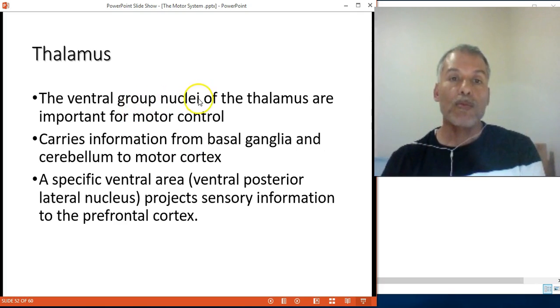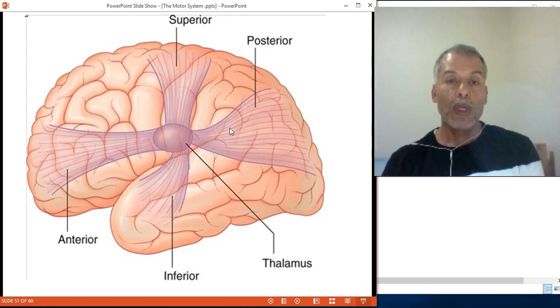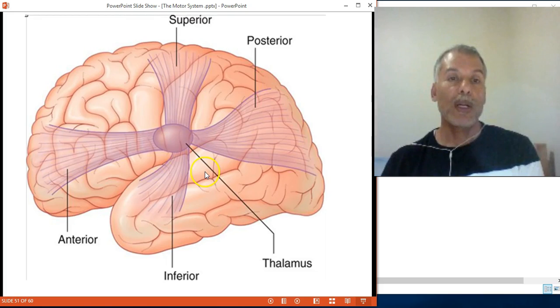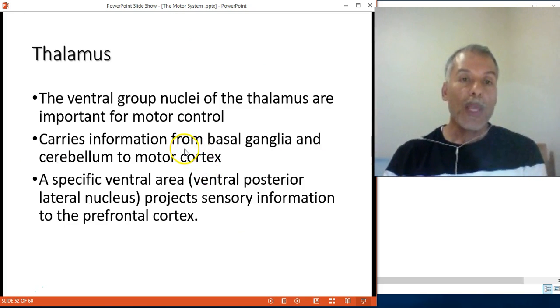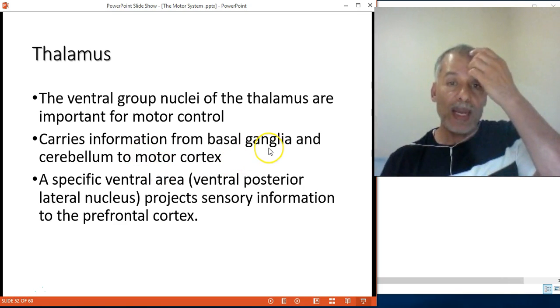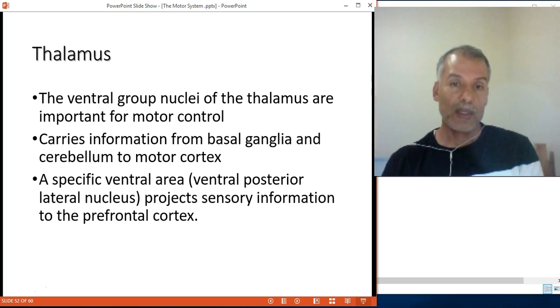The ventral group nuclei of the thalamus are important for motor control. Ventral, as I mentioned, if you think of this as an animal, like a goat, the belly beneath is specialized in motor activation, motor control. So it carries information from the basal ganglia and the cerebellum to the motor cortex.